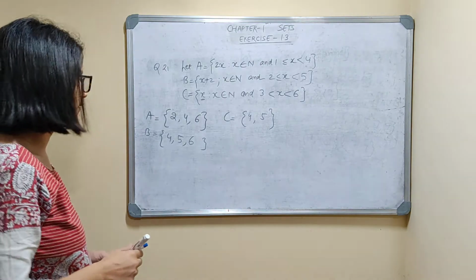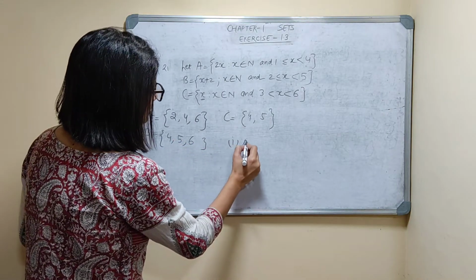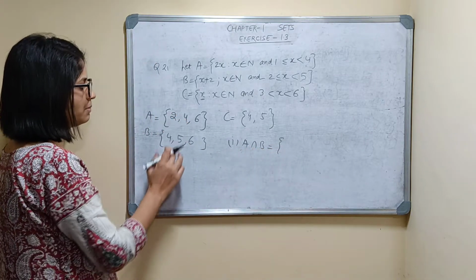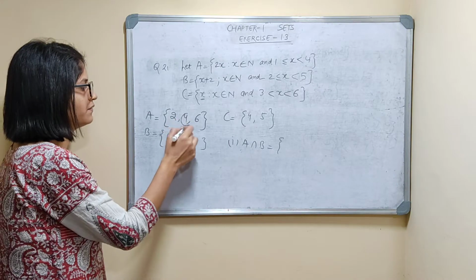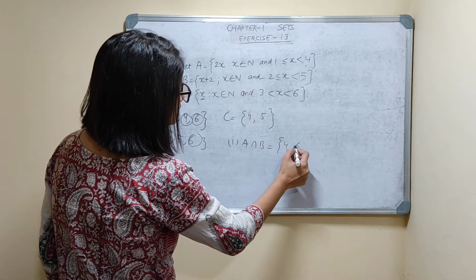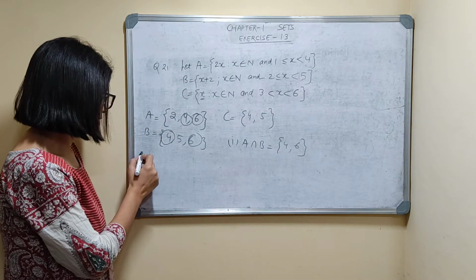Now you have to find A intersection B. What is common between these two sets? We can see 4 is common and 6 is common. So A intersection B is 4 comma 6.